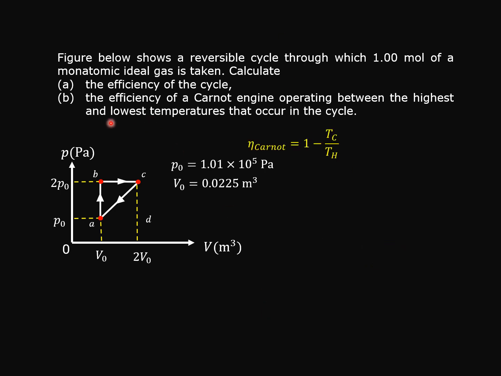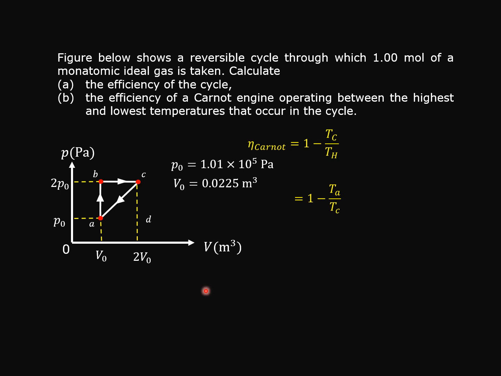For part B, we need to calculate the efficiency of a Carnot engine operating between the highest and lowest temperatures that occur in the cycle. So the formula to calculate the Carnot efficiency is 1 minus Tc over Th, where Tc is the temperature of the cold reservoir and Th is the temperature of the hot reservoir.